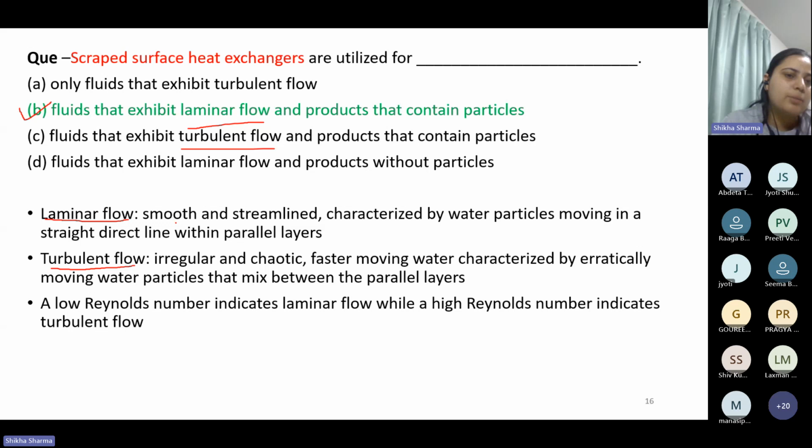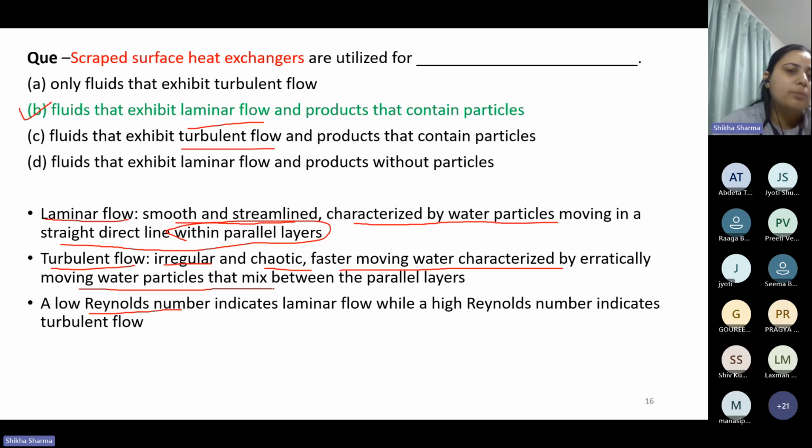Laminar flows are the ones which are smooth and streamlined and characterized by the water particles moving in a straight direct line within parallel layers, and it has a low Reynolds number, whereas turbulent flow is irregular or chaotic, faster moving water characterized by erratically moving water particles.